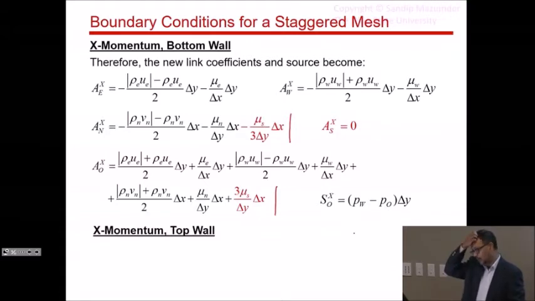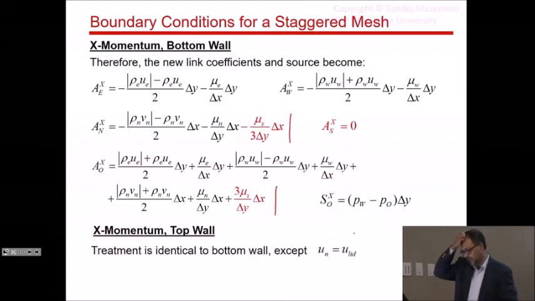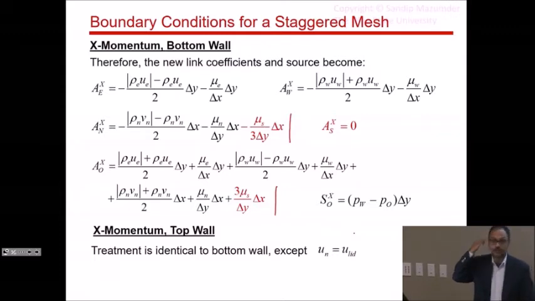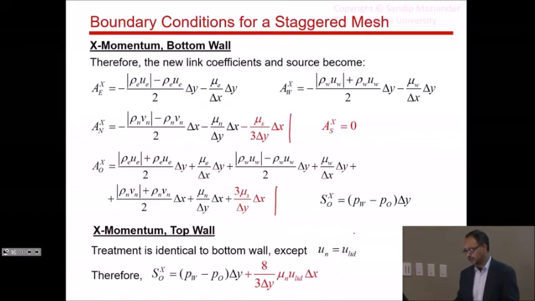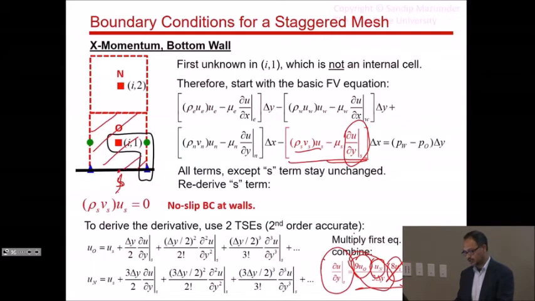All right, let's look at the top wall, because the top wall is very special. Here we have a northern u velocity, which is u lid. Okay, it's not 0. So I'm not going through the derivation, but if I go through it like I did here, do two Taylor series expansions, I'm going to get a U naught, U south, and then instead of U small south here, I'll get a U small north in that expression, because du dy at the northern face is what I'm deriving now, okay.